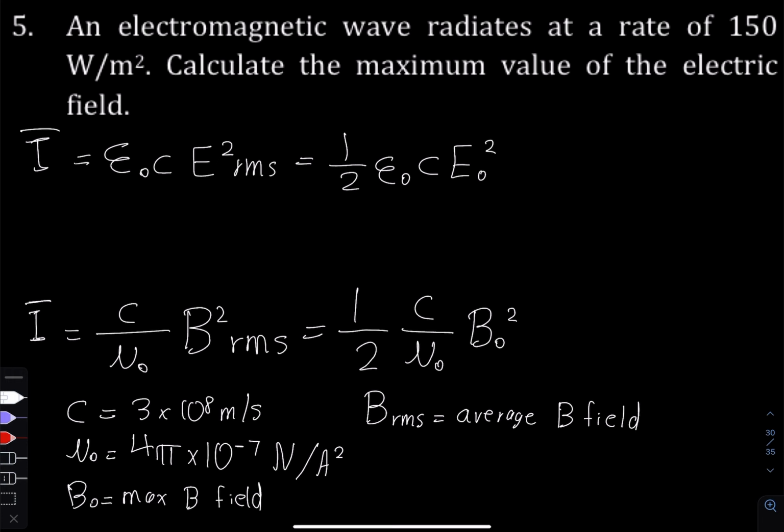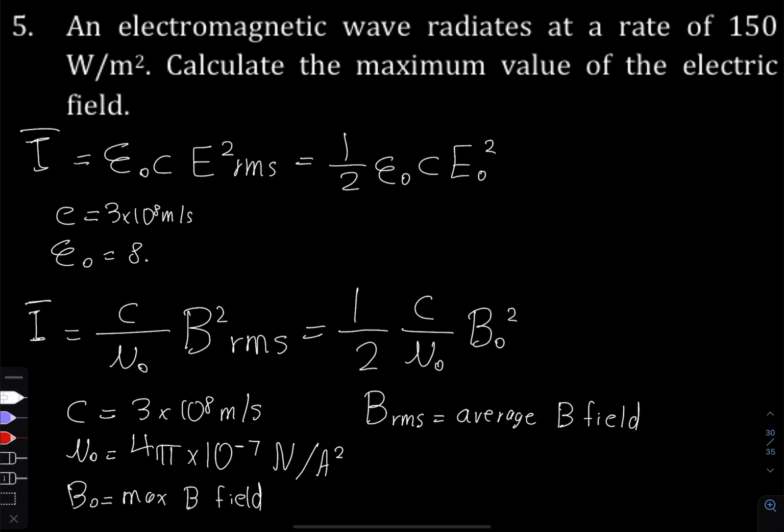Now, again, we have a few constants. C is the same. It's the speed of light waves. Then we have this value here, E naught. It is called the permittivity of free space. I apologize.